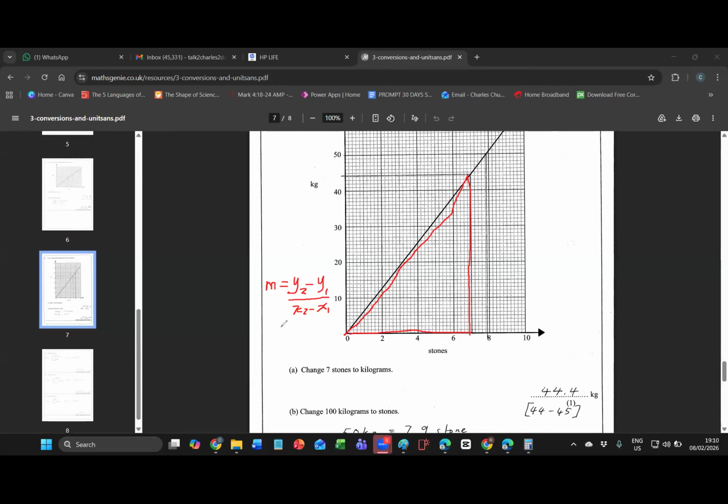So my y2 will be what we just traced. That is the value here, which is 44. So that's going to be 44 minus 0, isn't it?